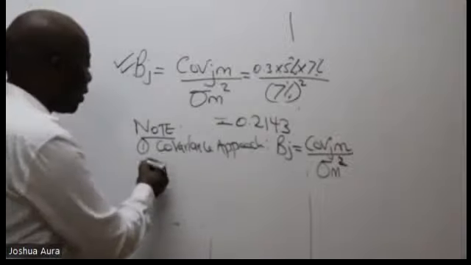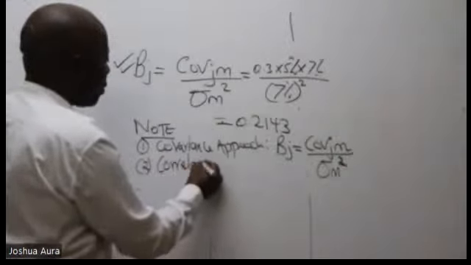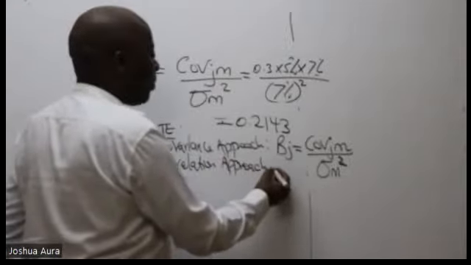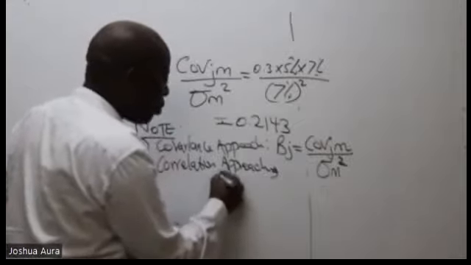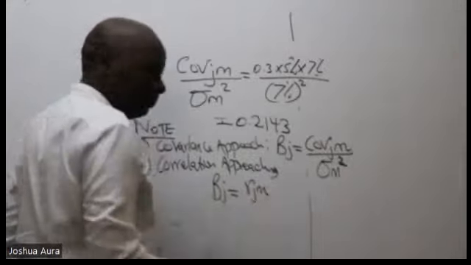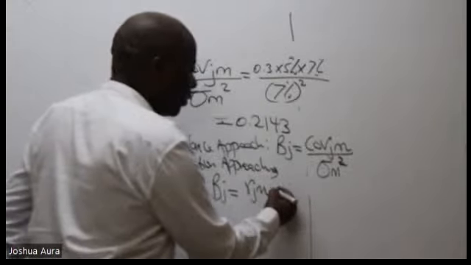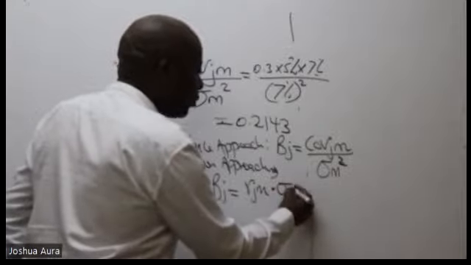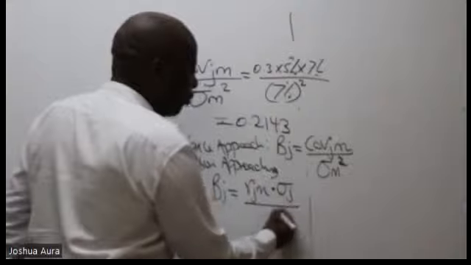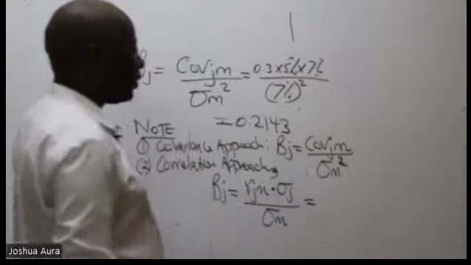And then number two, we have the correlation approach. With the correlation approach, my beta J will be equal to the correlation between J and M multiplied by the standard deviation of J, the security, all over the standard deviation of the market.